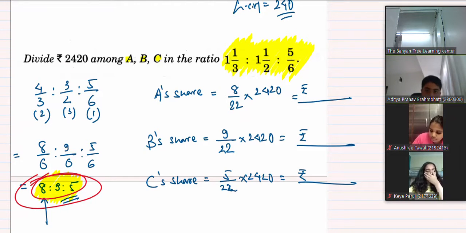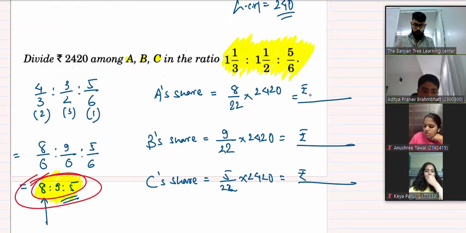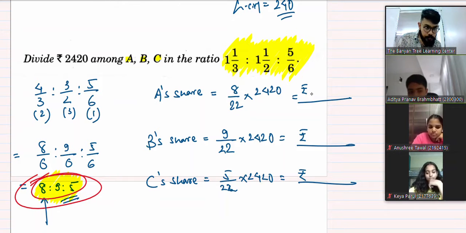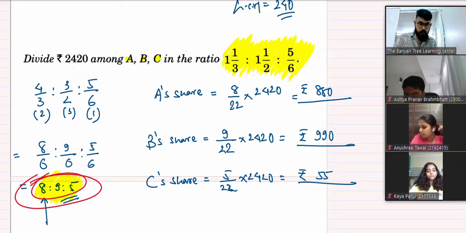Sir, I got the answer. For A's share I got 880, for B's share I got 990, and for C's share I got 550. Is it correct, everyone? Yes, sir. 880, 990, and 550.